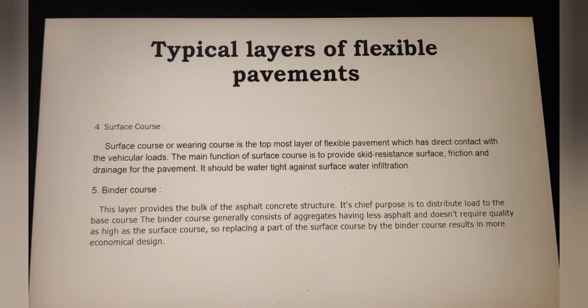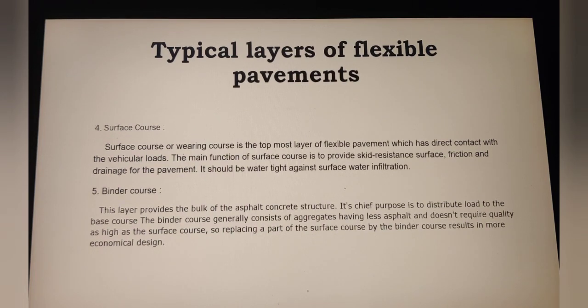The materials used in this type of course are usually granular, bituminous or cement concrete, depending upon the nature of construction. Below the surface course you have the binder course. This is a layer provided with bulk of asphalt concrete. Its main purpose is to distribute the load to the base course.